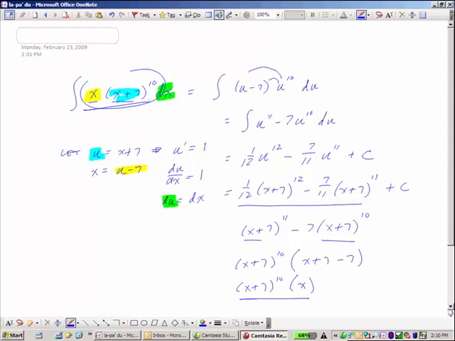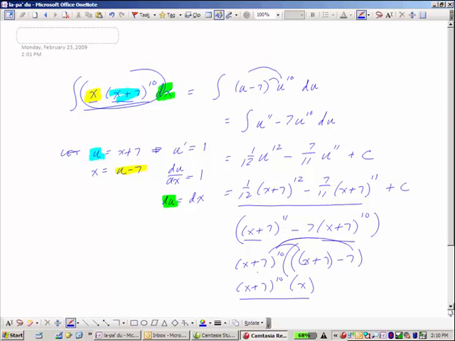Is that all right? You want to ask a question? Why is it x plus 7 minus 7? Because when you factor out x plus 7 to the 10th, what are you left with? You're left with an x plus 7 to the first, and then this is minus 7 x plus 7 to the 10th. If you don't believe me, distribute this back in, right?